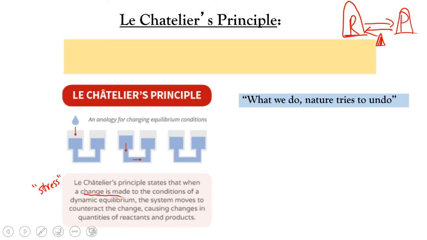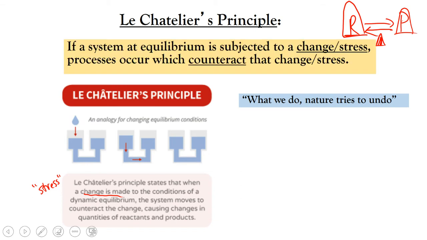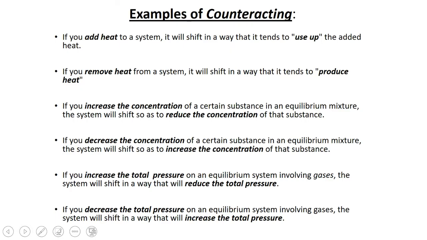So a system at equilibrium, if it's subjected to a change or a stress that's imposed on it, processes will occur, and that's just a wordy way of saying things happen, to counteract or undo that change. There are a lot of things we're going to talk about. Here are a few really quick examples, and we're going to look at many of these in more detail.